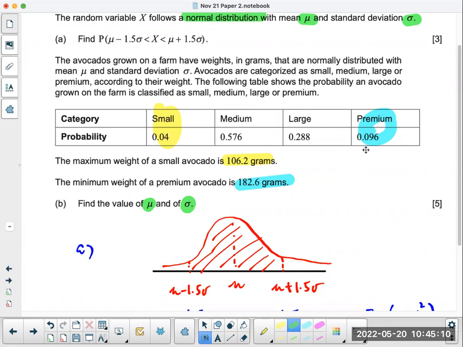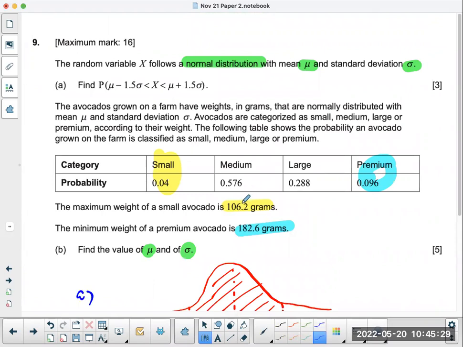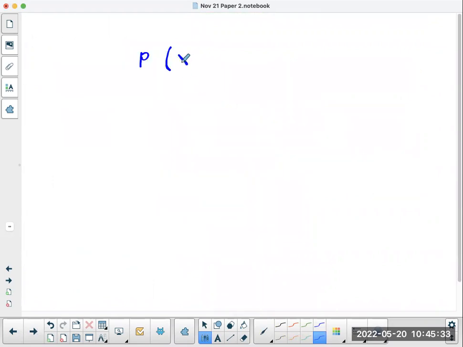So 0.904 is what you're trying to look for, right? So look for the Z-scores. So the probability of X less than 106.2, if I want to write it out loud, it would be like this.